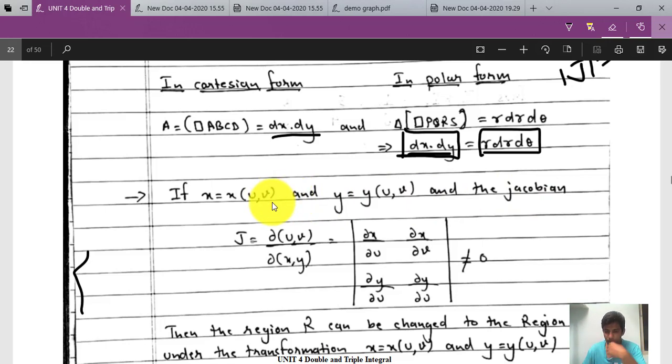Then if I want to transform x and y in terms of u and v, the Jacobian of this transformation can be written as dou of x, y by dou of u, v. I hope there are certain changes here, so let me correct this: here it is x, here it is y, here it is u, here it is v.